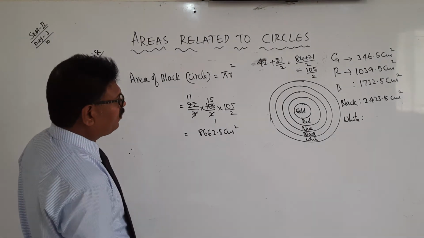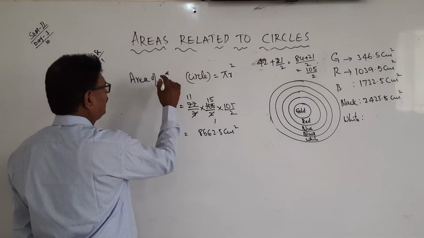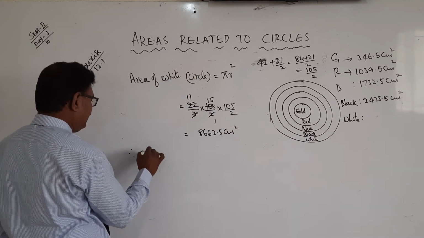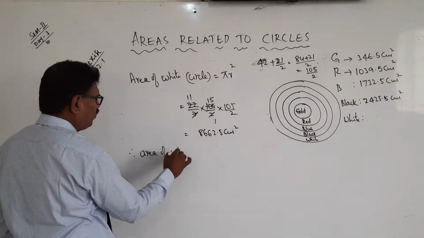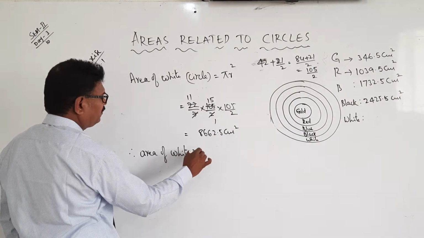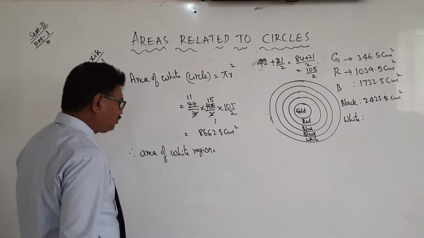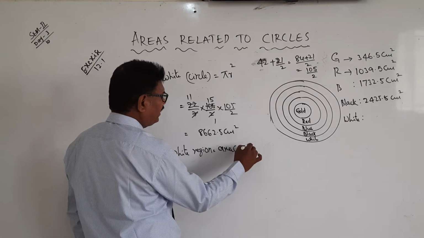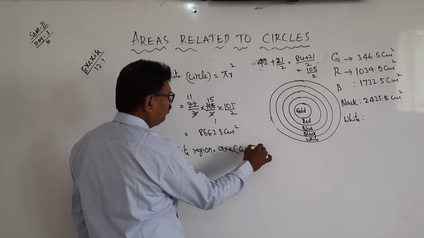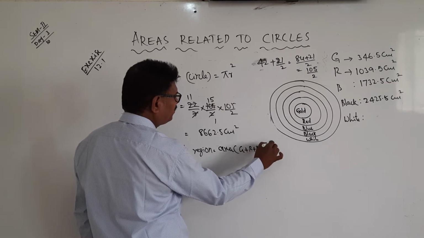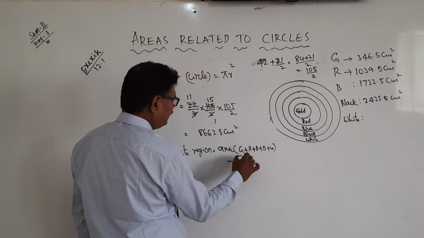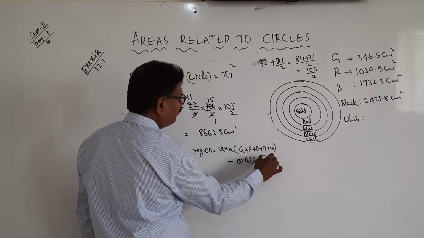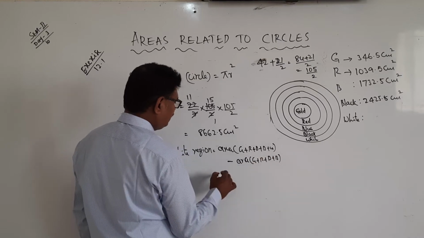Therefore, black over, it is nothing but which color now? White color. Yes, therefore, area of white region is equal to area of gold plus red plus blue plus black plus white minus area of gold plus red plus blue plus black.